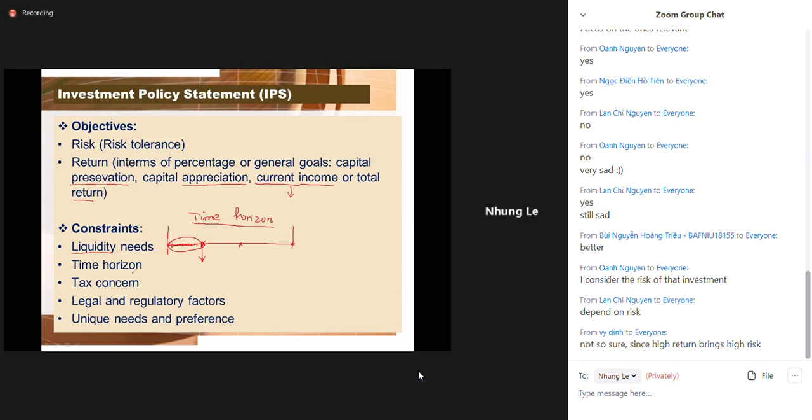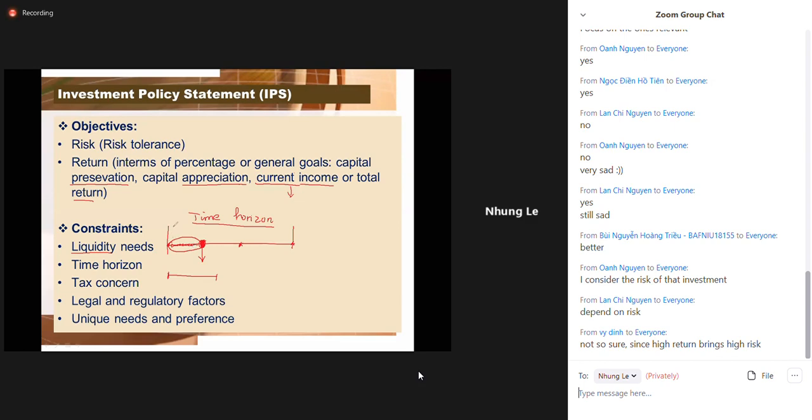But if your investment horizon is a little bit shorter, of course, you cannot invest in those stocks that take time to grow. Right? And here, why we still need to consider the liquidity needs, because at some point in time we need quite a huge amount of money. That's why we need to set up a strategy.